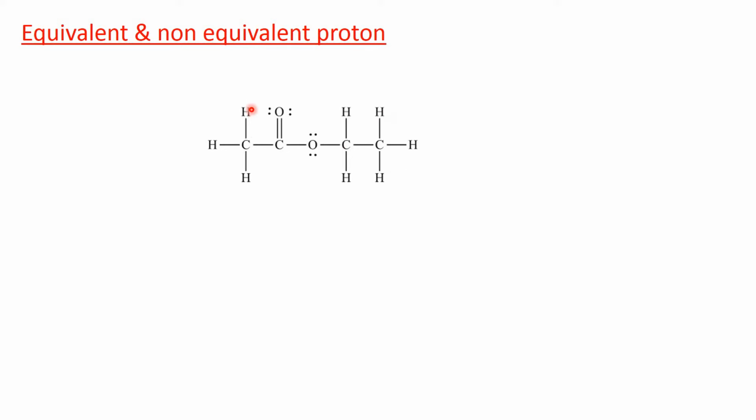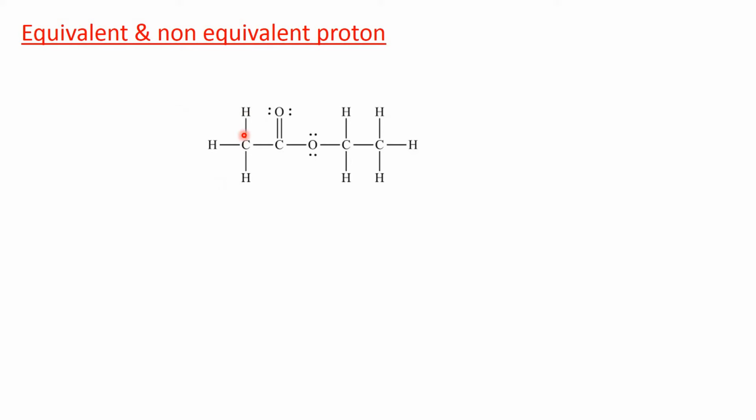But these three protons and these two protons are not in the same electronic environment. So, they are non-equivalent protons. Similarly, these two protons and these three protons are non-equivalent. And these three protons and these three protons are non-equivalent.